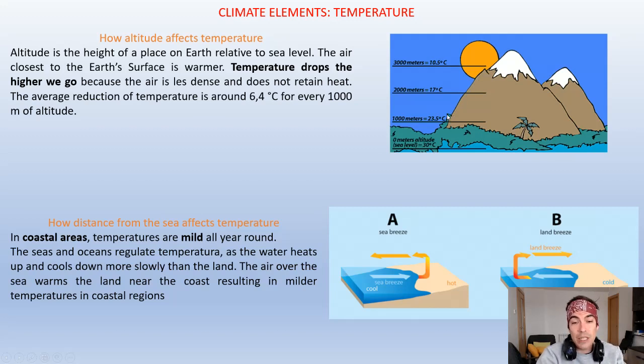This has a formula, and it's around, the temperature decreases more or less 6.4, 6.55 degrees centigrade for every 1,000 meters of altitude.